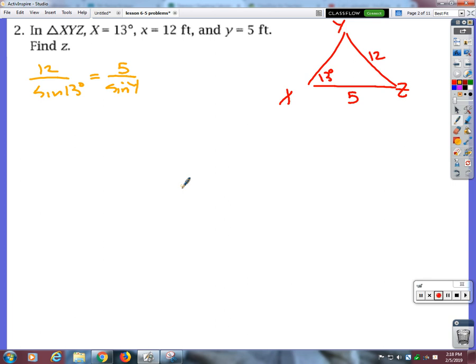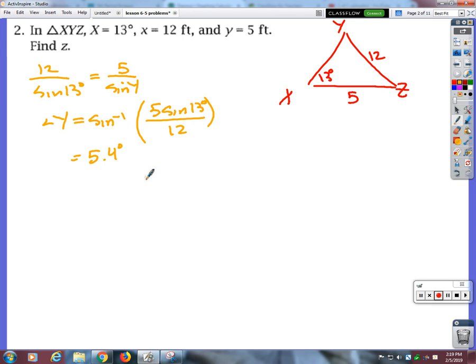All right, so that means that angle Y is going to equal the inverse sine of 5 sine 13 over 12, which is what? I'm going to go with 5.4. Is that cool? Did you get 5.4, Olivia?